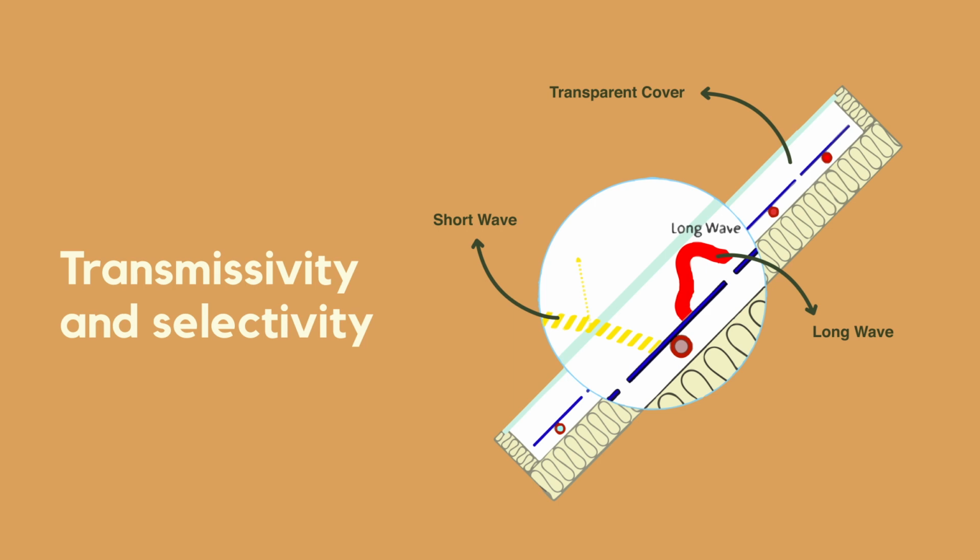On the other hand, in the front part of the collector, we have a transparent cover which allows the radiation to flow into the collector along the so-called aperture area.